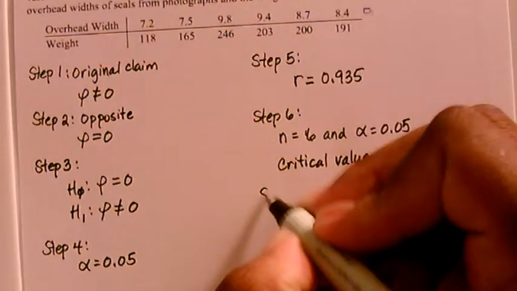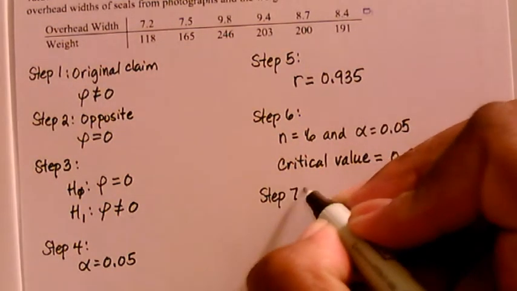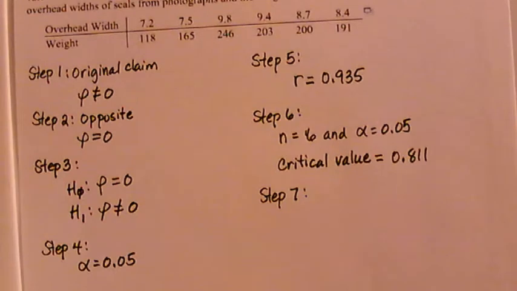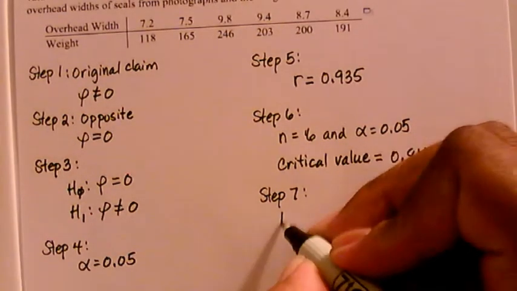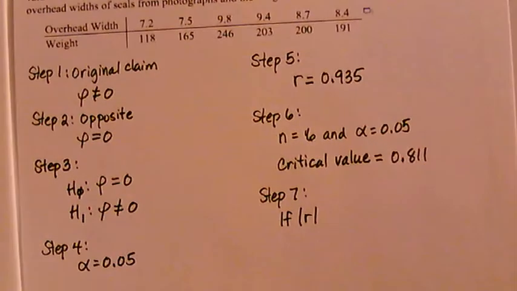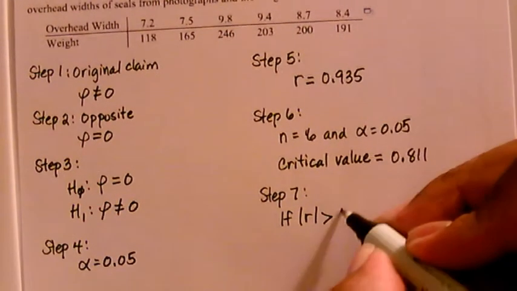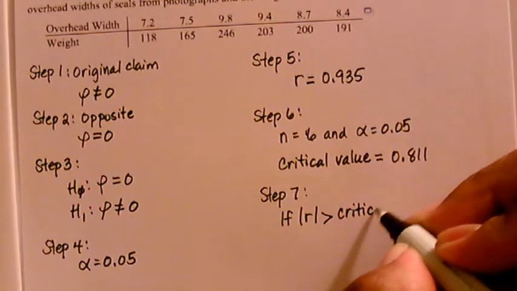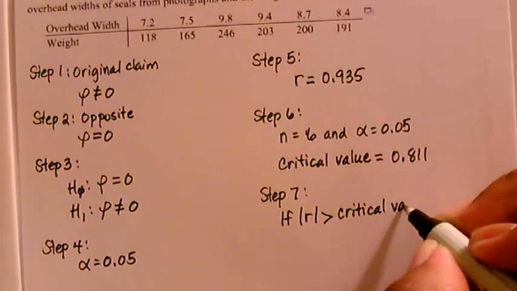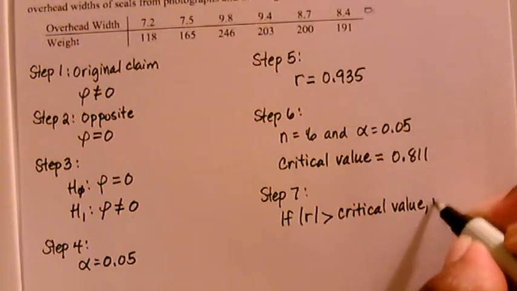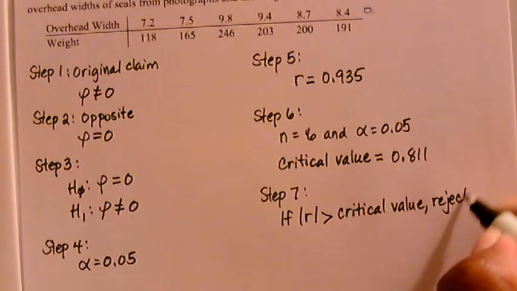Now step number 7. Since we're using the critical value method, we must use the decision rule for comparing the critical value and the linear correlation coefficient. And that's this. If the absolute value of R is greater than your critical value, you reject the null.